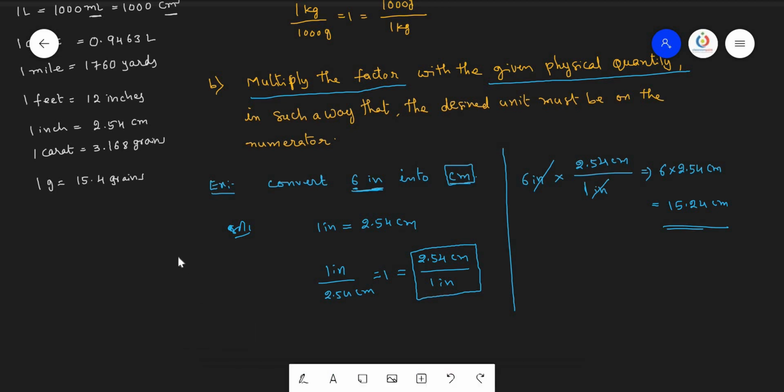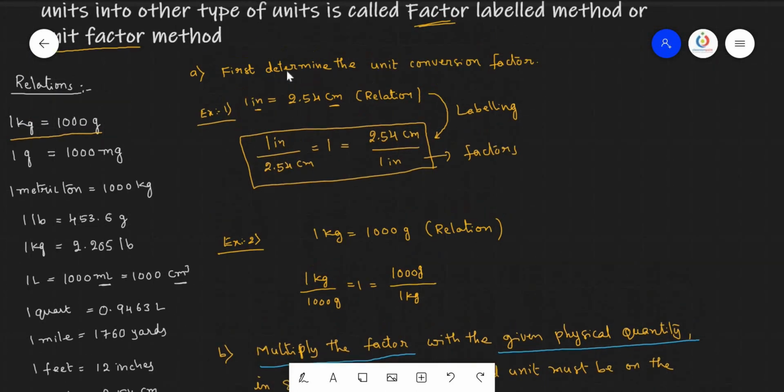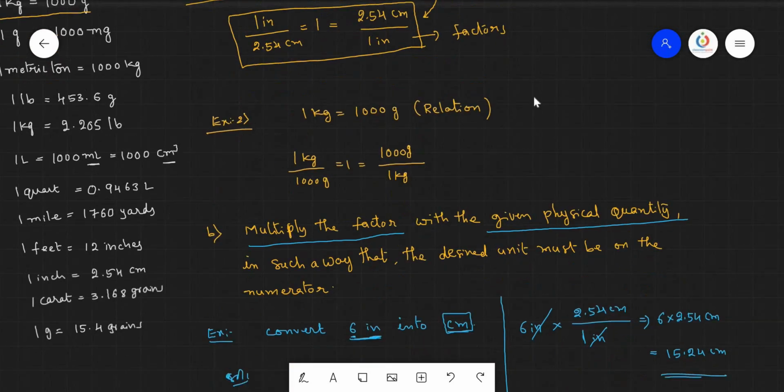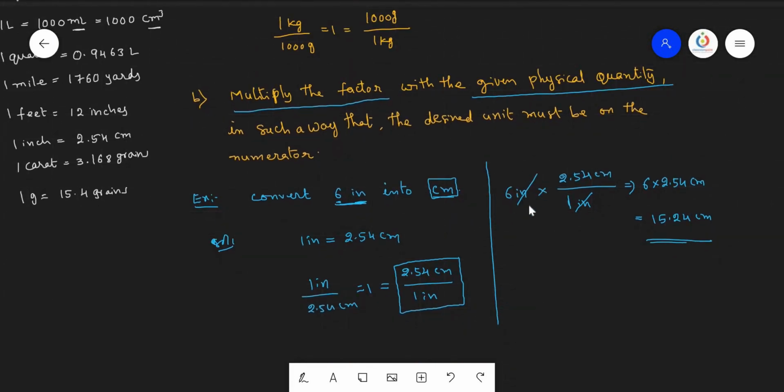So I repeat here. Rule number 1 says that whatever the question, first develop the relation, then convert it into factors, and those factors are to be multiplied with the given physical quantity. While multiplying, the numerator must be in our final answer, meaning the desired unit.